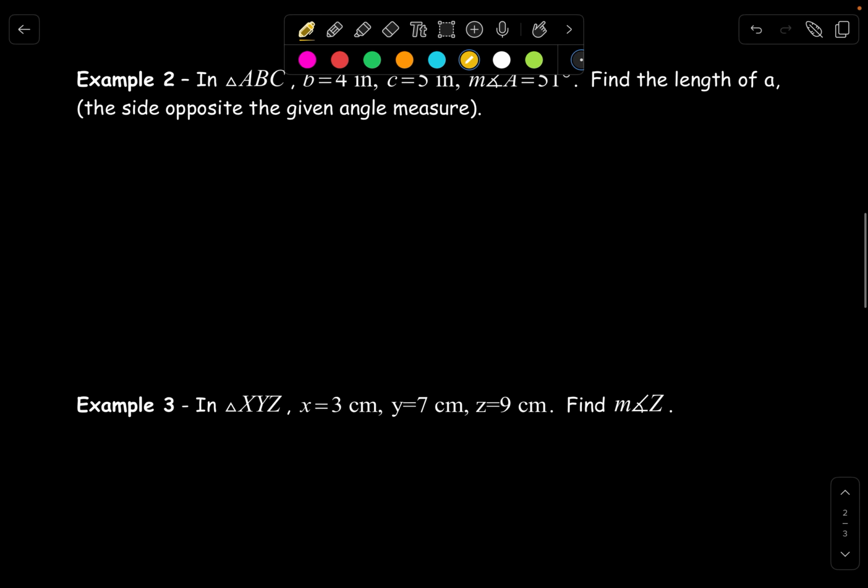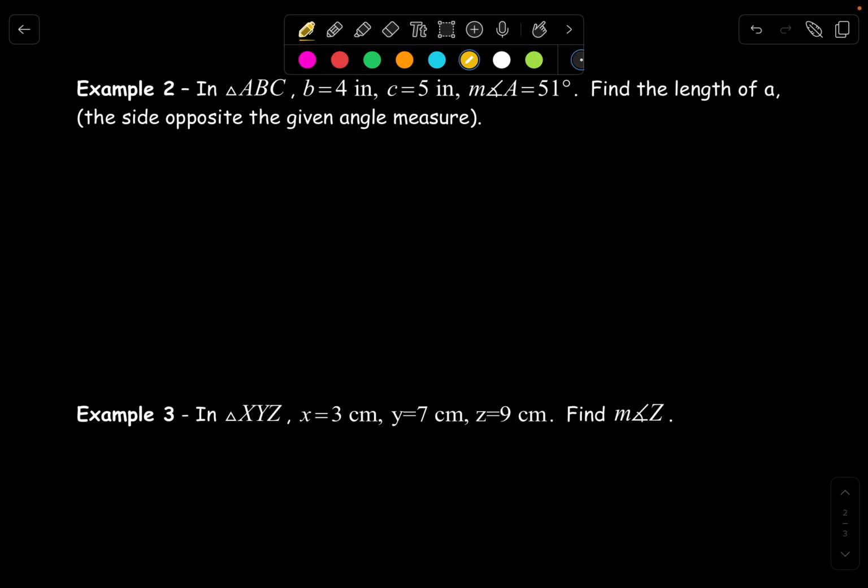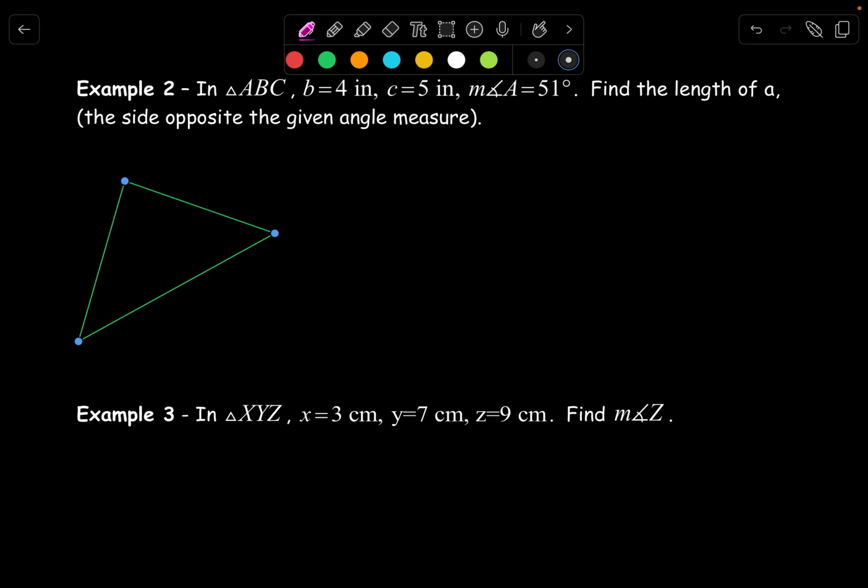For question number 2, it says in triangle ABC, B is 4 inches, C is 5 inches, and angle A is 51. Find the length of side A. So really, this is the exact same type of problem. I've got triangle A, B, C. Order of those doesn't matter.